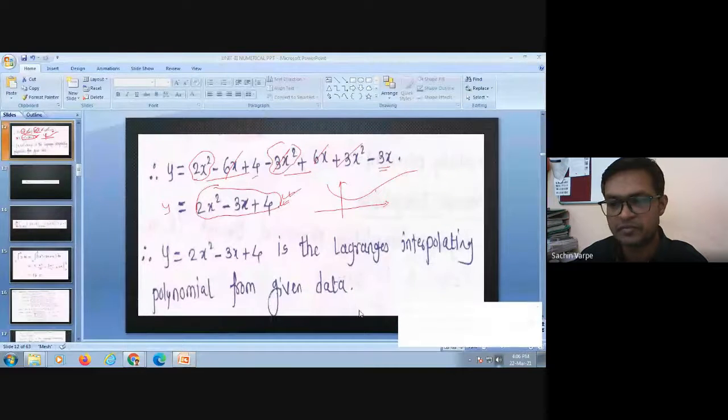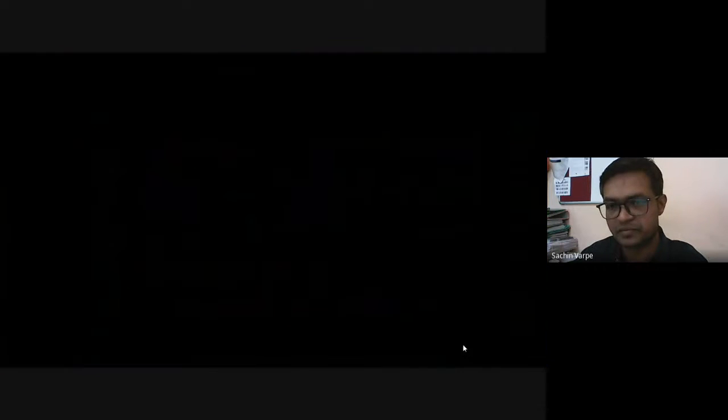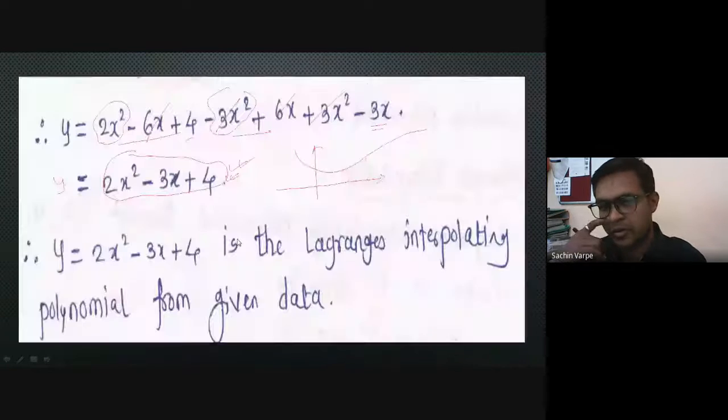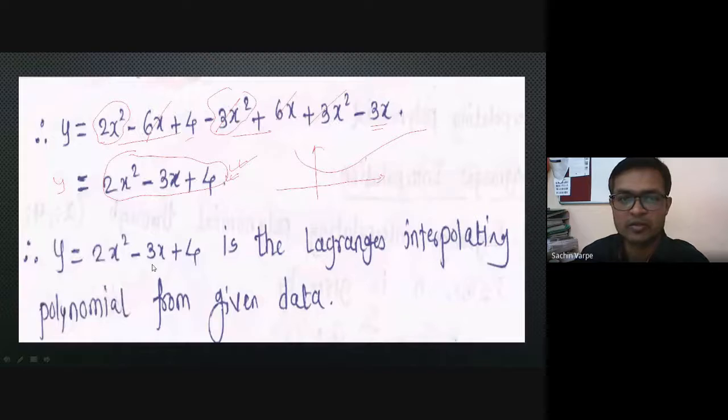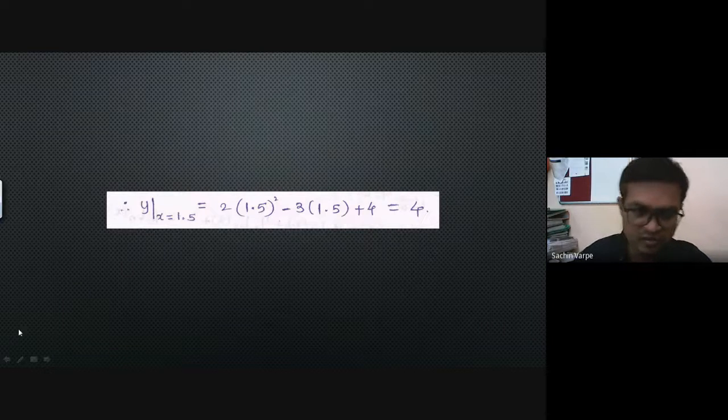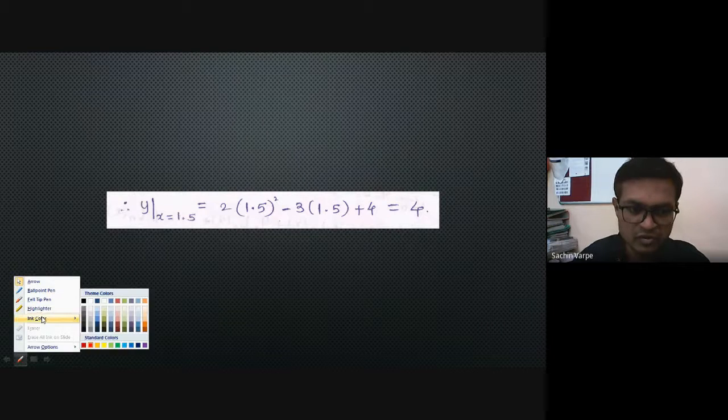One more example. Here, this is the required polynomial. We have been asked to find the value of y at a particular value of x. We are given x is 1.5. Substitute that x into this.